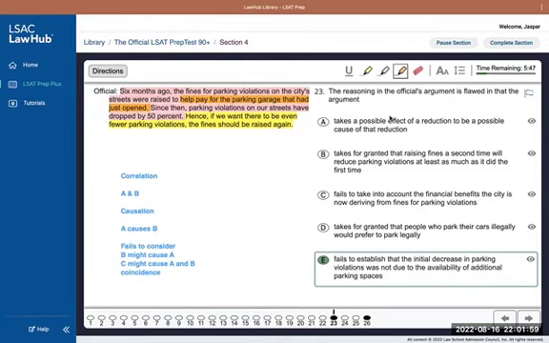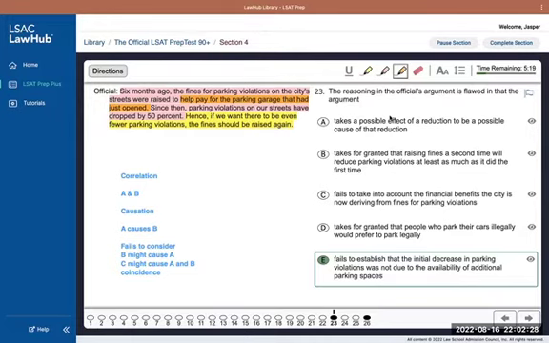So some decrease rather than a decrease that is at least as great as the original. Even if this one didn't have that, do they assume that raising fines a second time will reduce them as much as the first time? In a sense, yes, but I don't think that goes to the core of the flaw, which is assuming a causal relationship from a correlation.